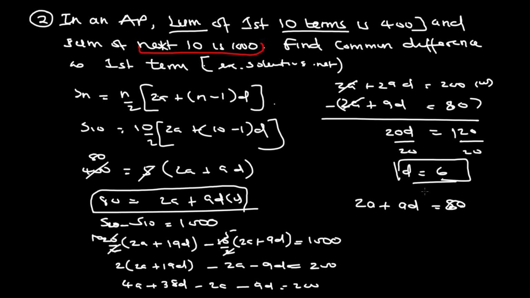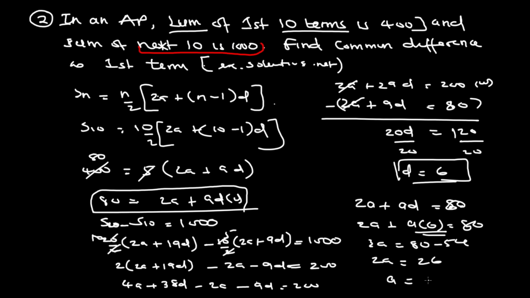So 2a plus 9 times 6 is equal to 80. So 2a is equal to 80 minus 54, because this is 54. So 2a is equal to 26, and a is equal to 13.